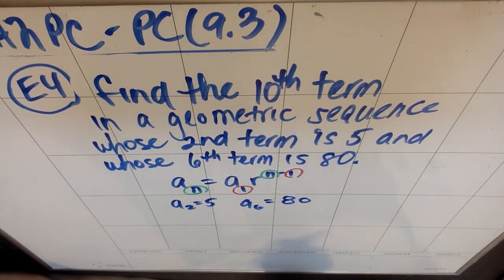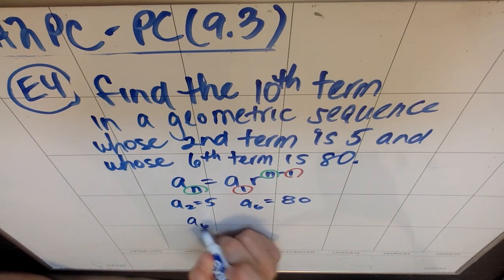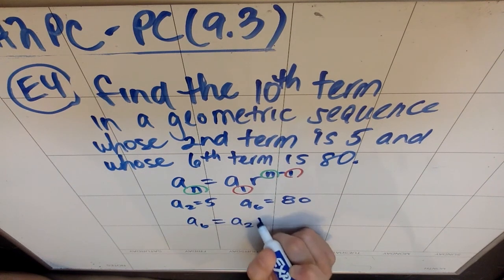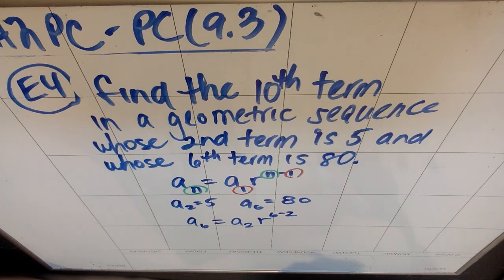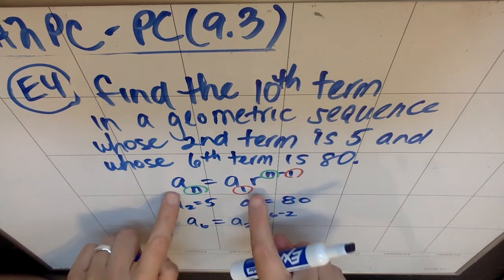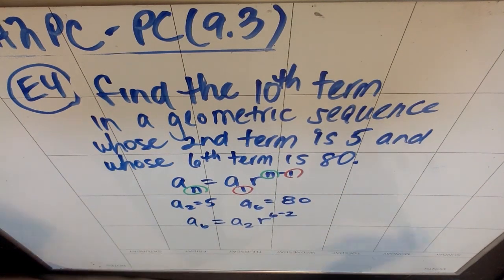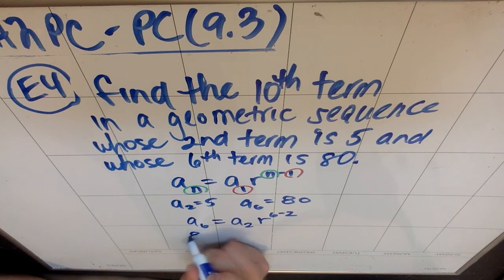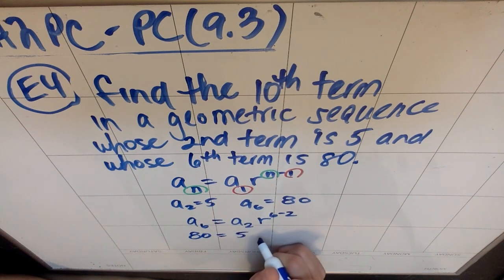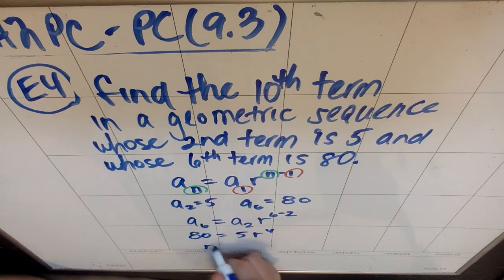So you could say a sub 6 should be a sub 2 times r to the 6 minus 2. By the same exact formula, but instead of an n and a 1, it's a 6 and a 2. And sure enough, you'd get 80 equals 5 times r to the fourth, and you'd very quickly get that r is plus or minus 2.